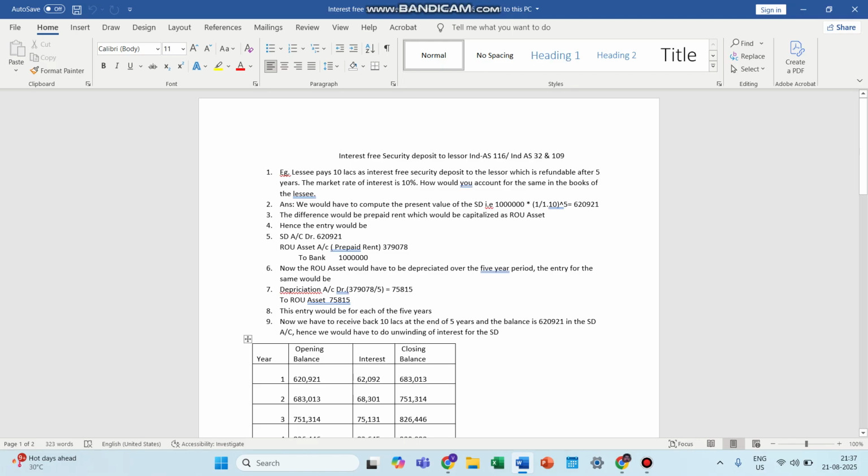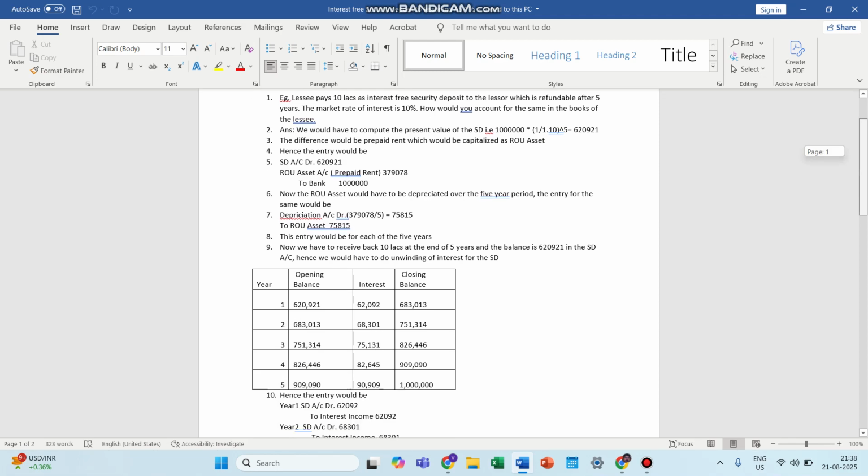So opening balance 620921, 10% of that is 62092. If we add 62092 to 620921, the closing balance would be 683013. Now 683013 would be the opening balance. If we compute 10% on that, 68301 would be the interest amount, and 751314 would be the closing balance.